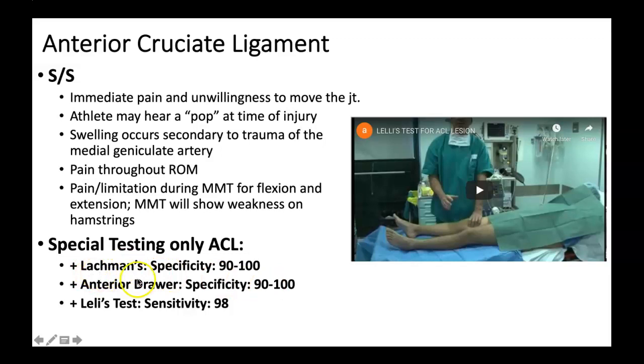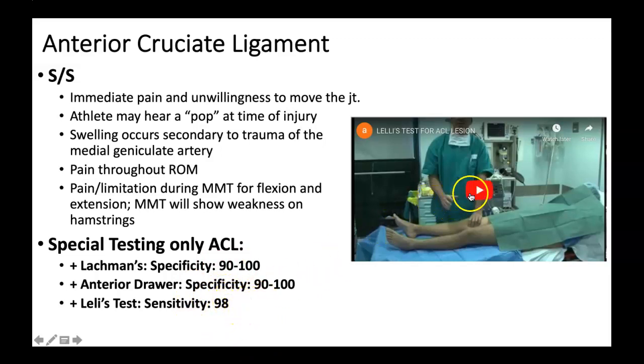So if we're looking at Lachman's, if we're looking at anterior drawer, if these tests are positive, then I am 90% certain that the patient has an ACL injury, right? We have this new test on the market called Lelli's test. Lelli's test has a high sensitivity. What do we know about highly sensitive tests? If it's negative, right, then the patient doesn't have it. We're 98% sure that the patient doesn't have it with Lelli's test.